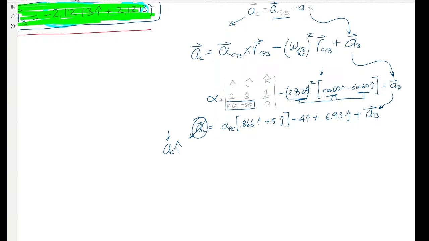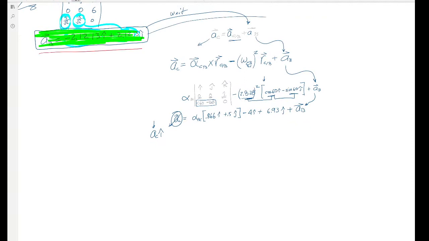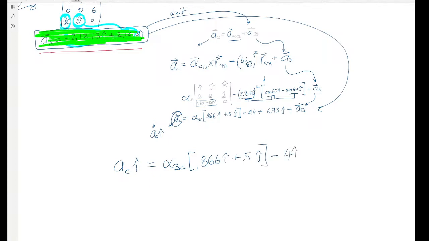And now I can just go ahead and combine this acceleration B. I'm going to drop it all the way down here and create the final equation. Acceleration C, it's going to get a little bigger, equals alpha BC 0.866i plus 0.5j minus 4i plus 6.93j plus, now I'm going to go back and grab this.